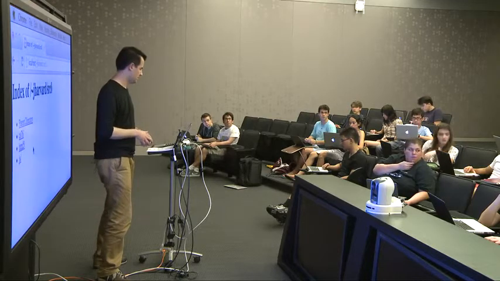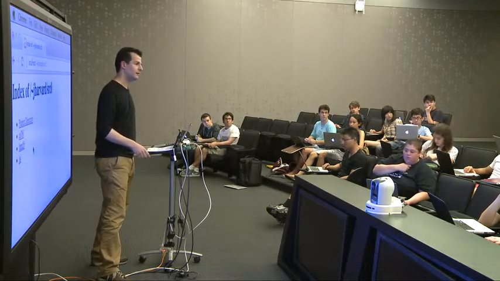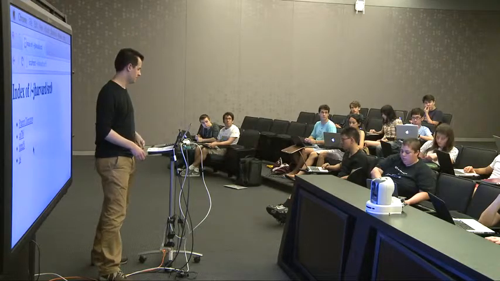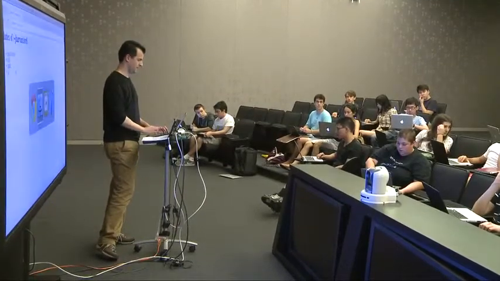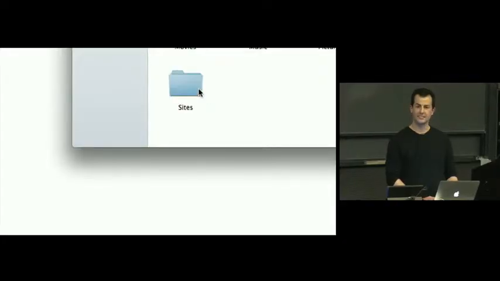Yes? I don't know why I think my Apache is on. Somehow I got a site folder inside my folder thing. I can't open another site folder, so now it's not working. What should I do? You have a sites folder called Sites. Yeah, exactly. And what's inside of that?